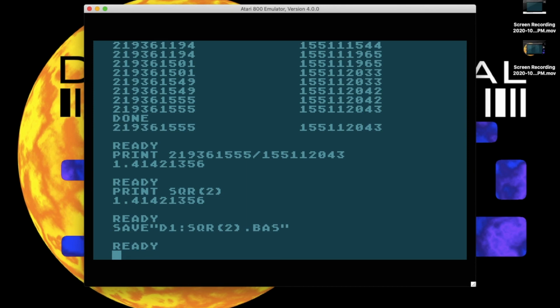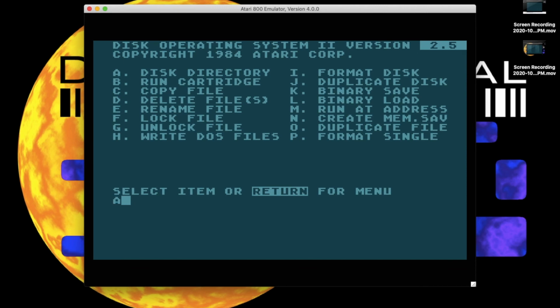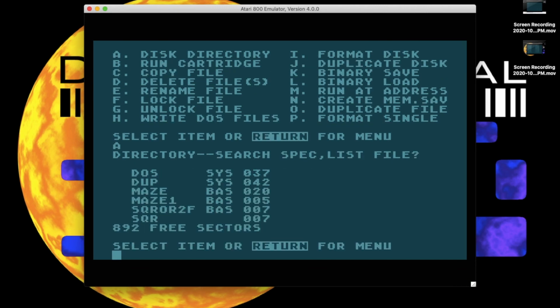Well, let's go to DOS. Make sure it's there. Square root. It didn't like the parentheses. Oh. So I need to fix that.